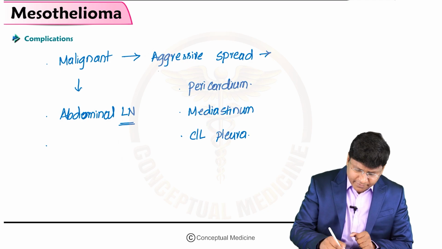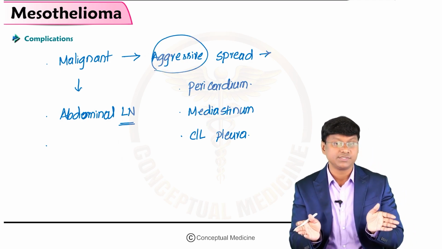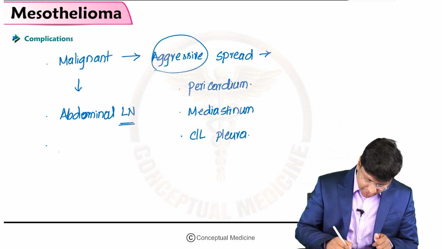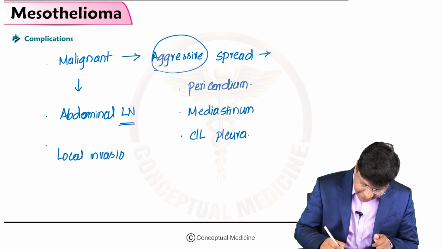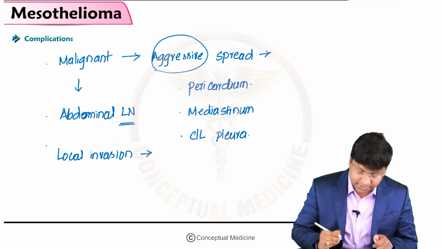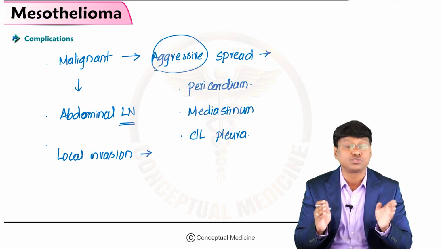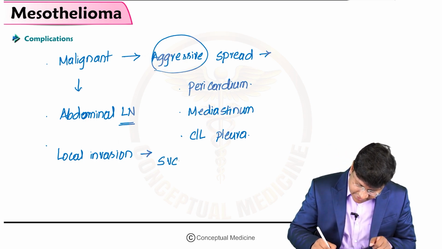Now, apart from the aggressive spread to various other organs, the mesothelioma also causes local invasion of the thoracic structures. What will be that local invasion? It spreads to the superior vena cava, causing superior vena cava syndrome, SVC syndrome.